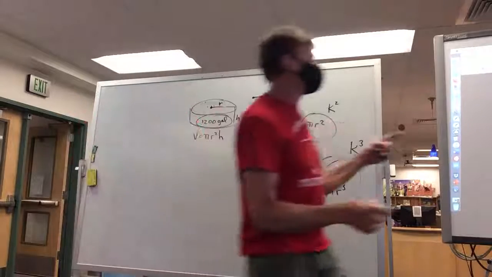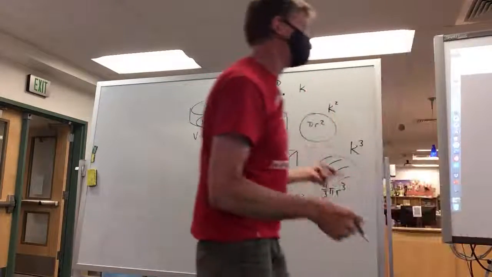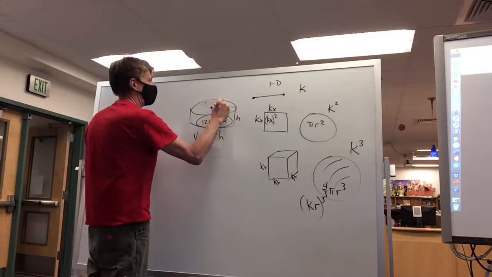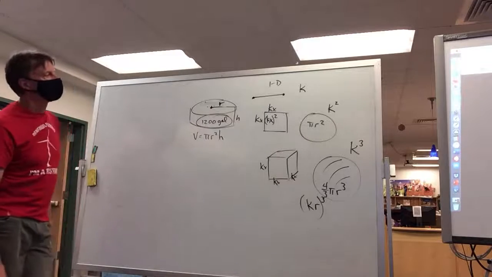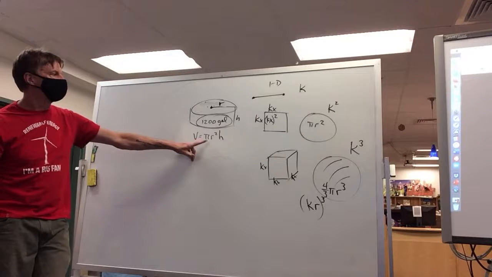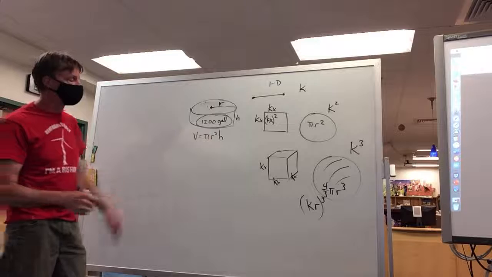And if we wanted to make a similar pool with double the radius, what's going to end up happening is that we're going to have to multiply the radius by 2 in the next pool.